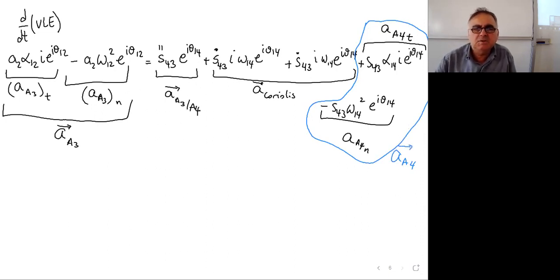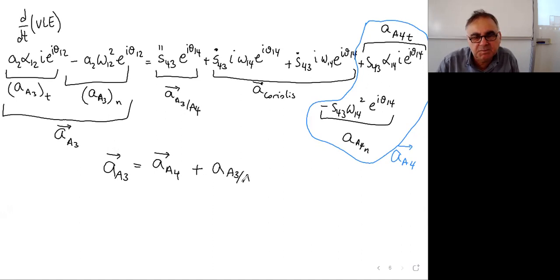So the total equation reads like the following. Acceleration of A3 equals acceleration of A4, which is this term, plus acceleration of A3 with respect to A4, plus the Coriolis term.